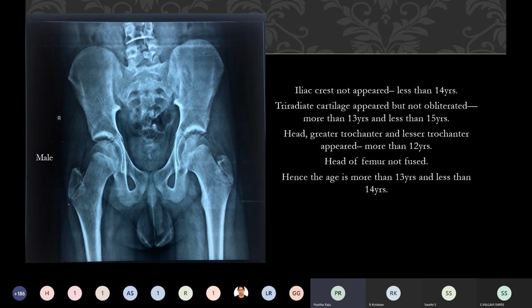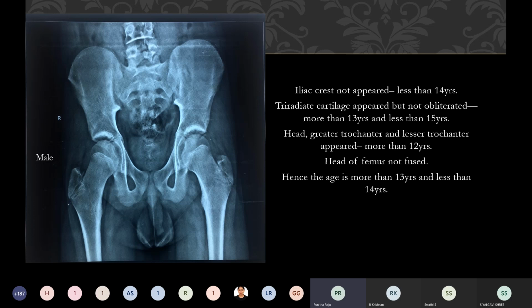Okay, next we will go for the head of the femur. In the upper end of the femur, the head of the femur has appeared, and the greater trochanter has appeared. The bigger one is the greater trochanter, and the lesser trochanter has also appeared. It is very small. That is the reason I am giving it more than 12 years.